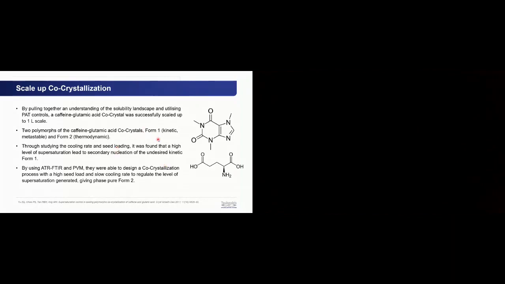Here is a case study of a caffeine glutamic acid co-crystal, which was scaled up to 1 liter. There are 2 known polymorphs of this co-crystal: form 1, which is the kinetic metastable form, and form 2, which is the stable thermodynamic form. Through studying the cooling rate and seed loadings, they found that a high level of supersaturation led to secondary spontaneous nucleation of the undesired kinetic form 1.